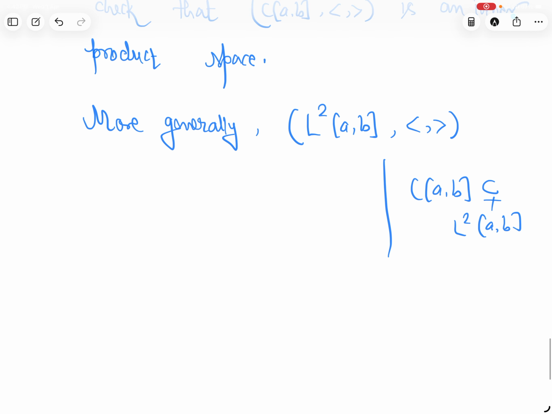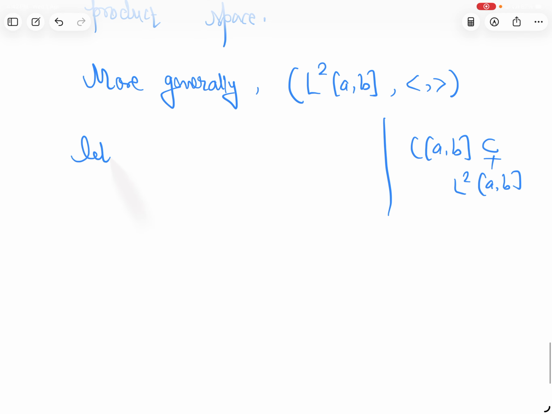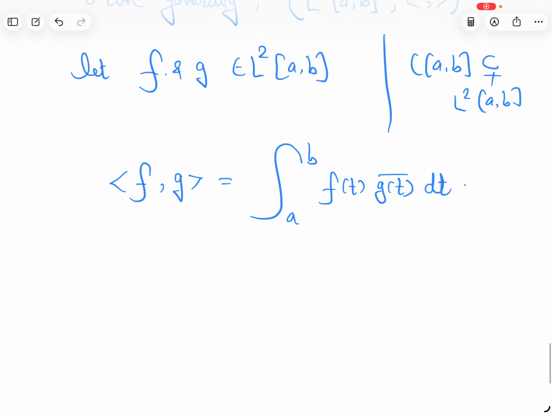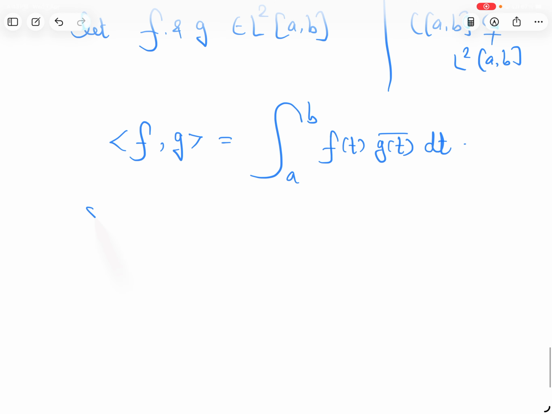So we want to define it more generally. Let f and g belong to L2[a, b]. I can similarly define the inner product as the integral from a to b of f(t) times g(t) bar dt.